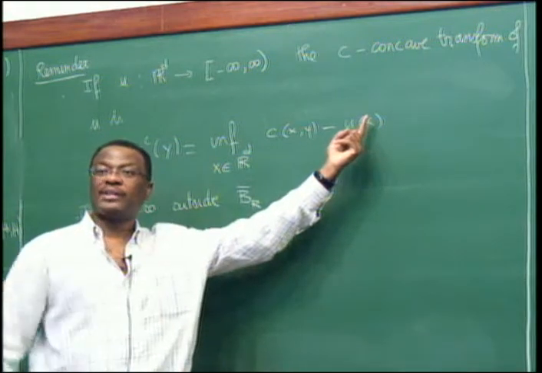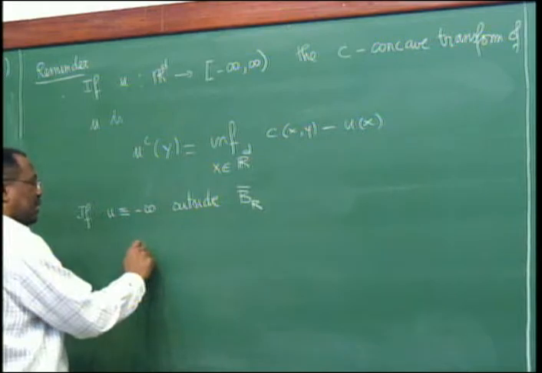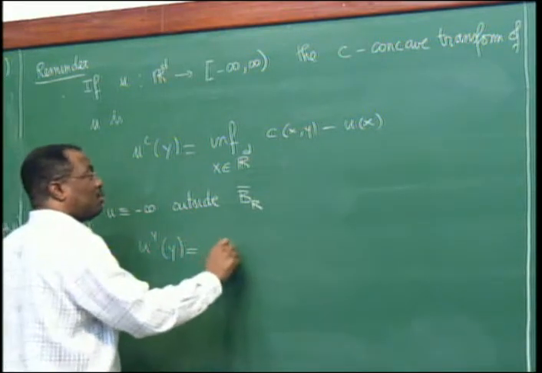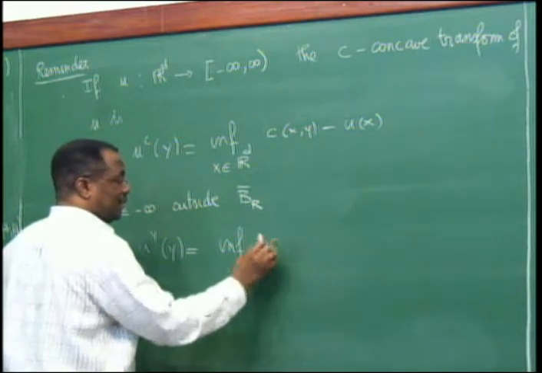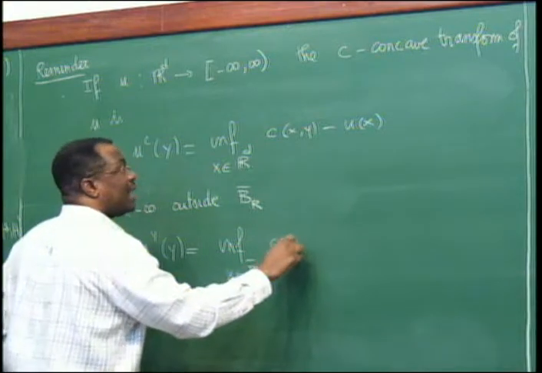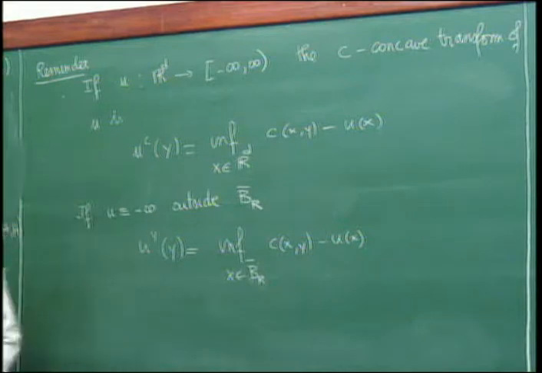And so I can rule it out from the infimum I am minimizing. And so I can write that u^c(y) is the infimum over x in R^d, x in the ball, of c(x,y) minus u(x).